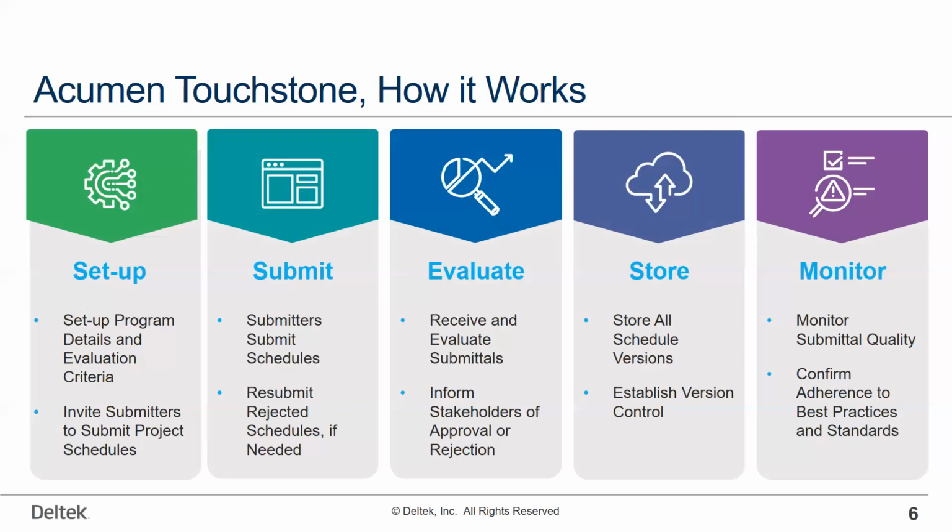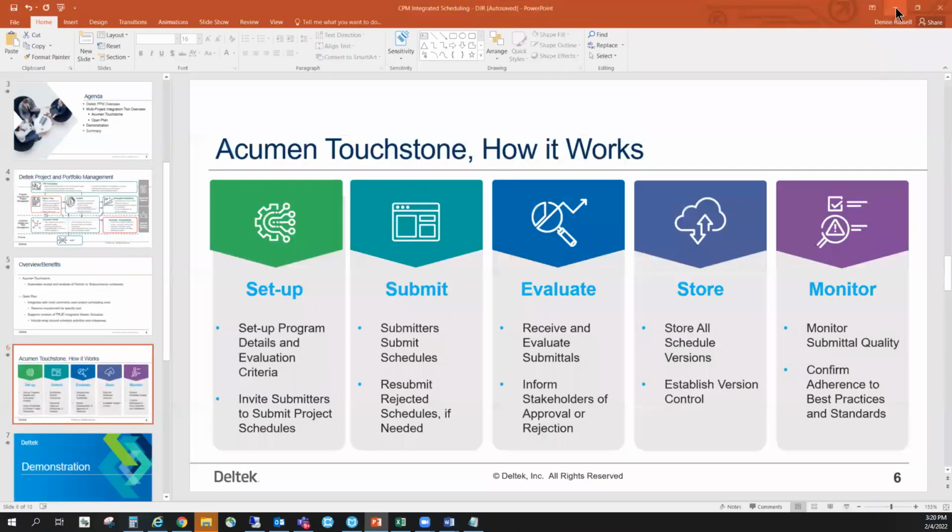Once a schedule has been accepted, it's available to you for download, and then you would just incorporate that into your integrated master schedule. We're going to walk through that process and look at what it takes. So we're going to go ahead and jump into the tools themselves now.